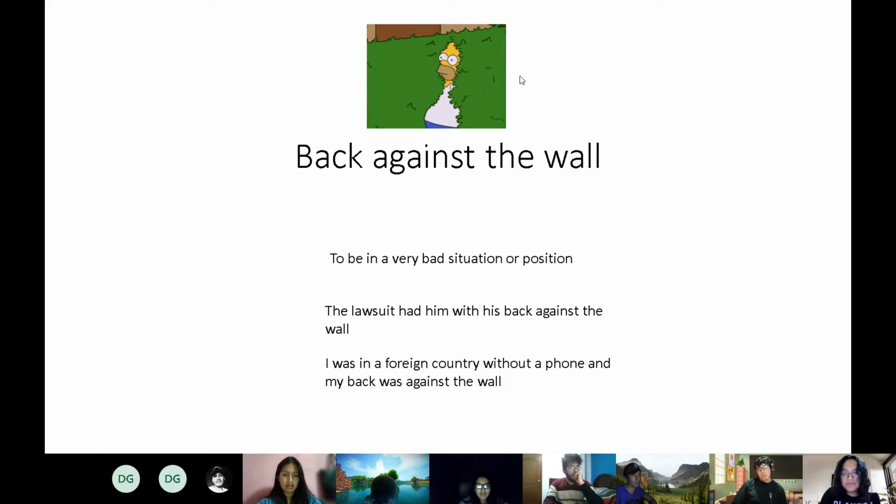So the same exercise, guys, please use this idiom and write down your own sentences with it, okay? Okay, guys, I'm waiting for your examples.